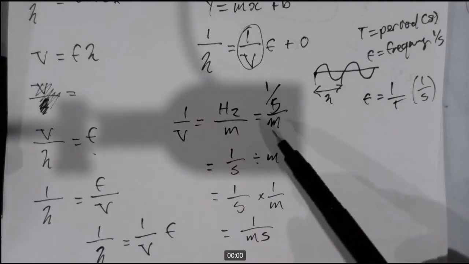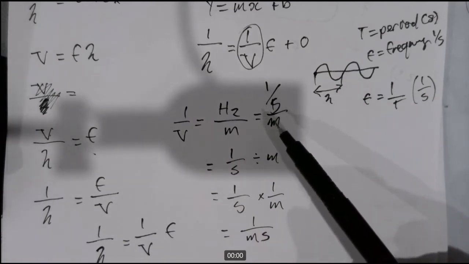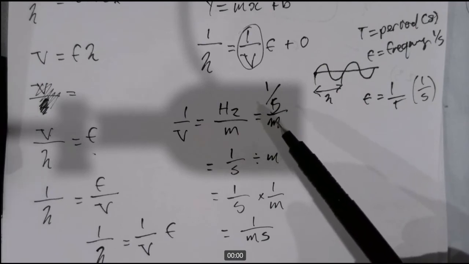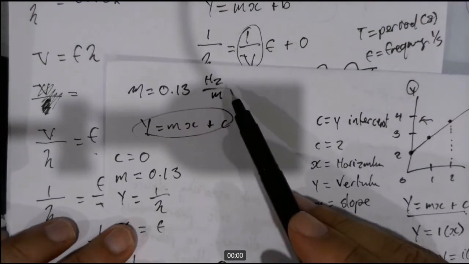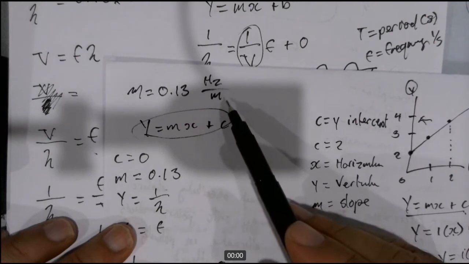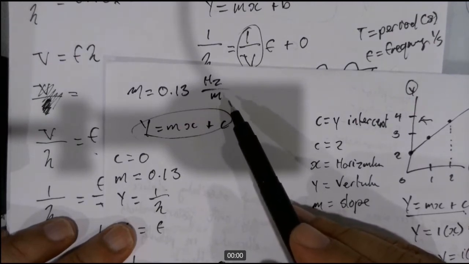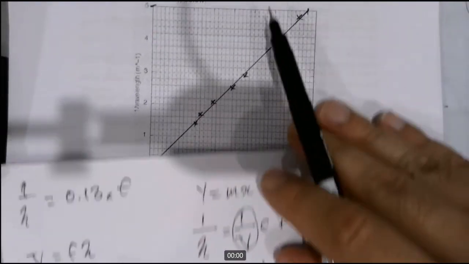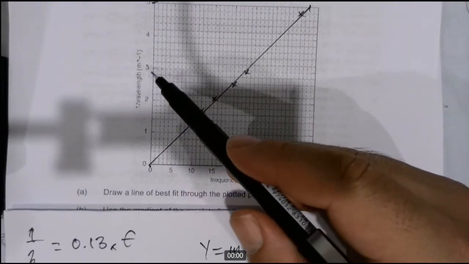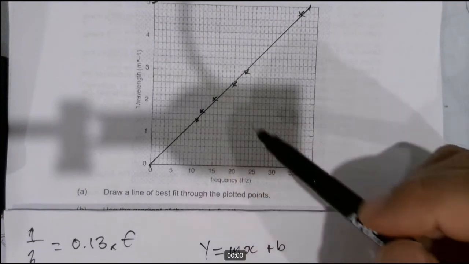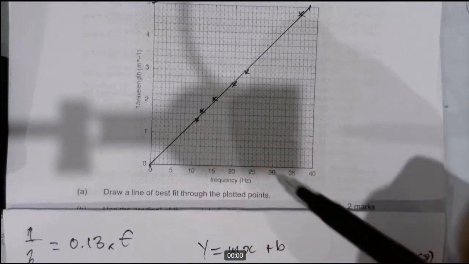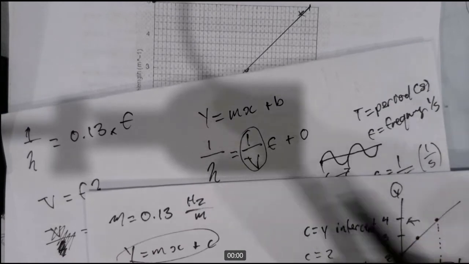Okay. Now these units, something has happened here. With this previous example, how I'm telling you guys that the slope is hertz divided by meters, that's not entirely true. Now if we look at the graph, it says inverse meters and hertz. So I've actually put those units the wrong way around.